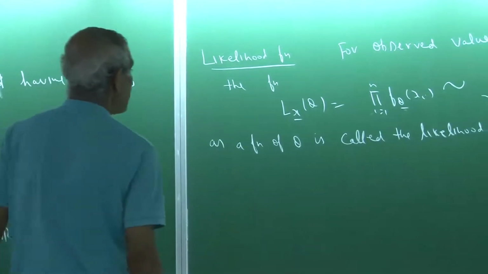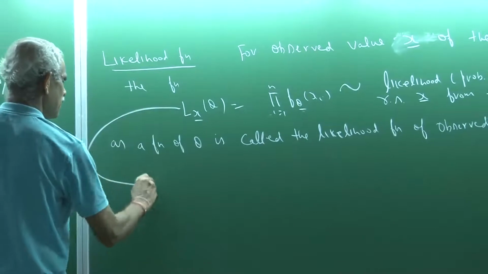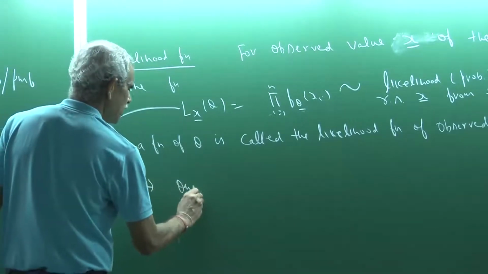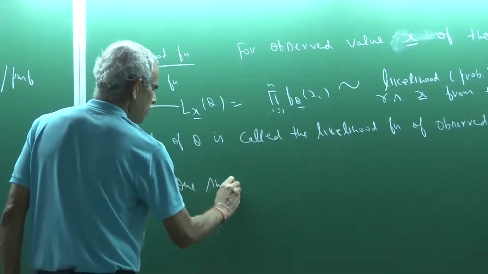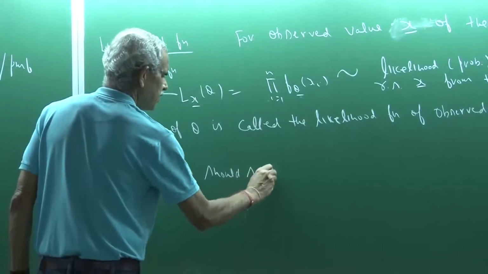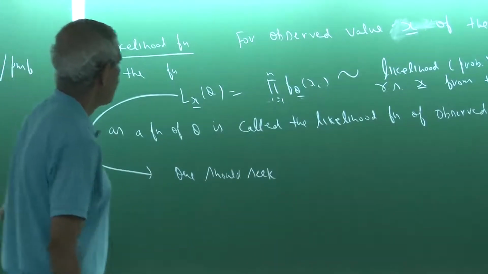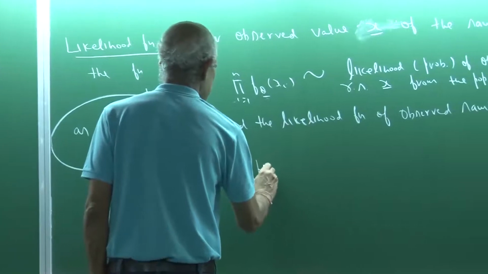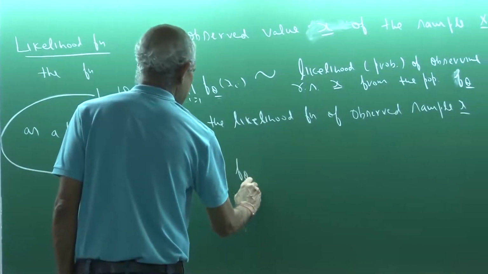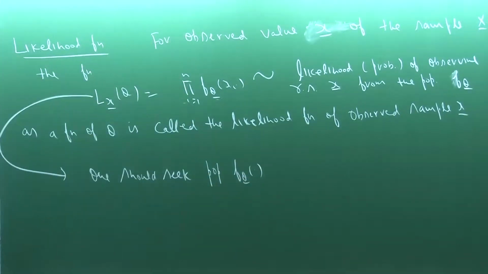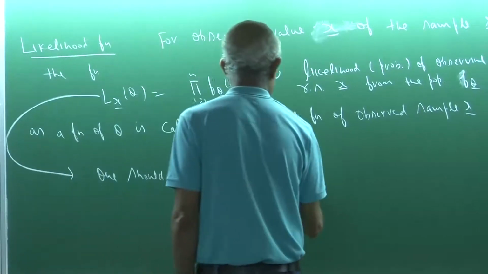So one should seek the population f_theta for which this is maximum.